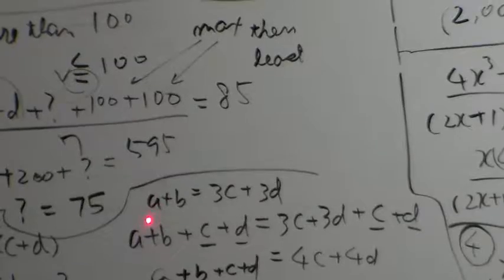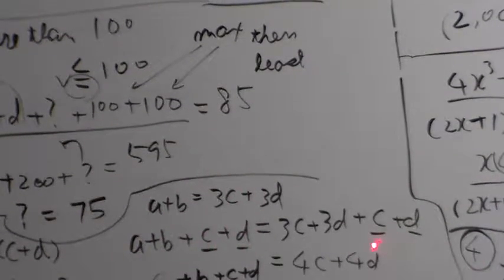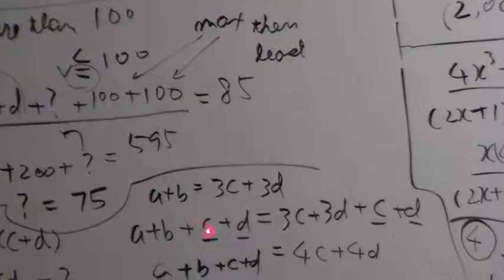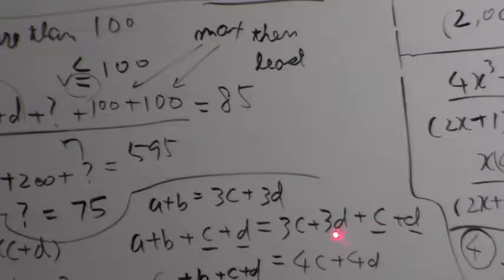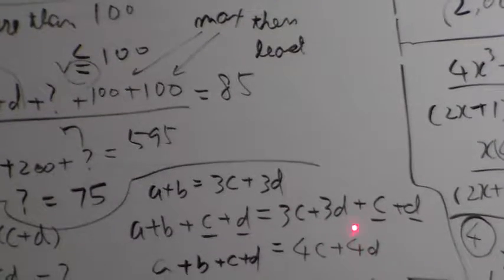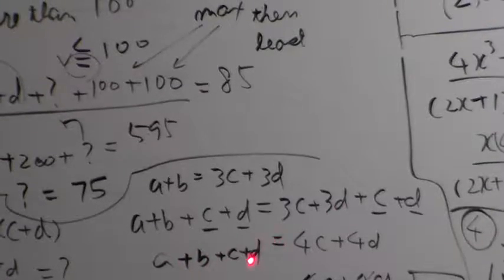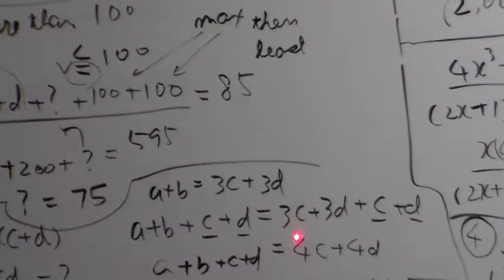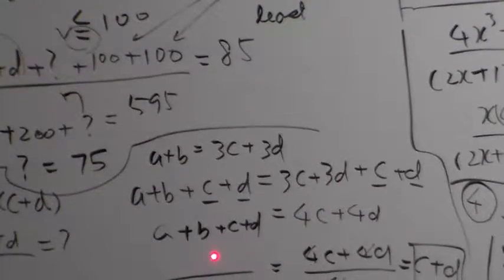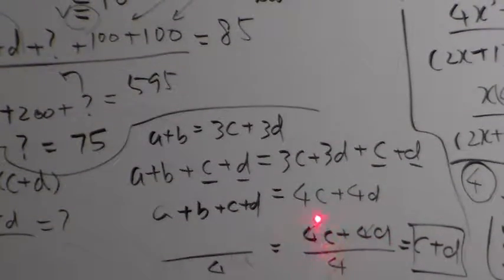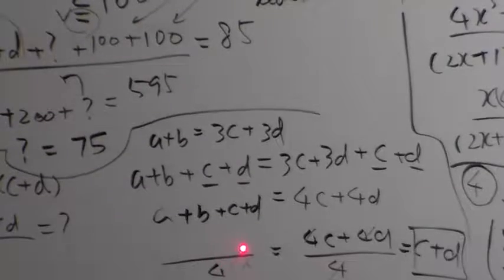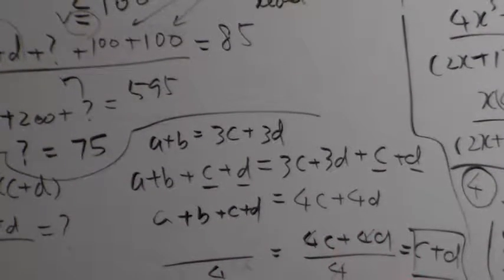So we're gonna add C and D to both sides. So A plus B plus C plus D equals 3C plus 3D plus C plus D. That means A plus B plus C plus D is 4C plus 4D. So we are looking for the average, divided by 4, right? Both sides, we're gonna divide by 4, and the 4 cancels out. So the average of A, B, C, D is C plus D. Okay?